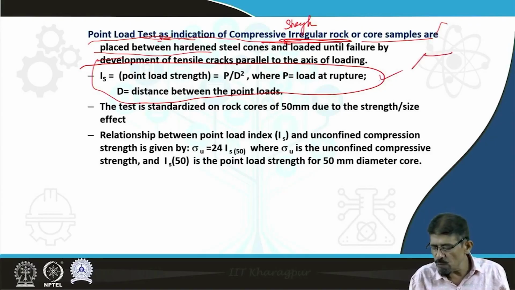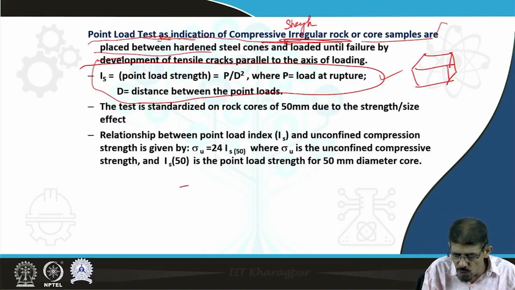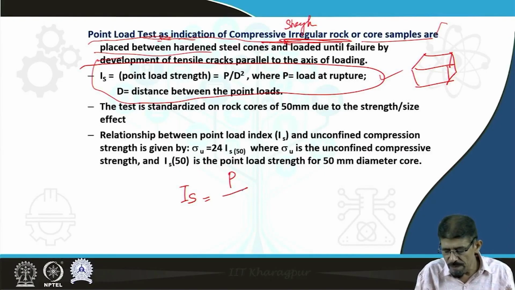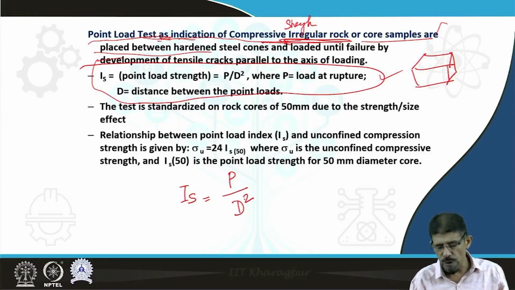It may be cubical, rectangular or cylindrical, diametrical or axial. Simply, we calculate Is, the point load strength. It is simply the load applied to break the sample divided by the square of the distance between two points.